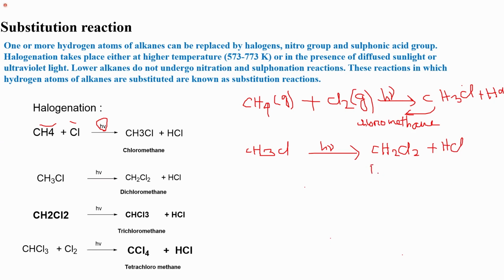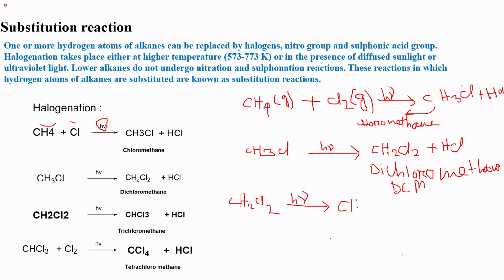This is called dichloromethane, or DCM. Now you have CH2Cl2, and under this photolytic condition, it will form CHCl3.